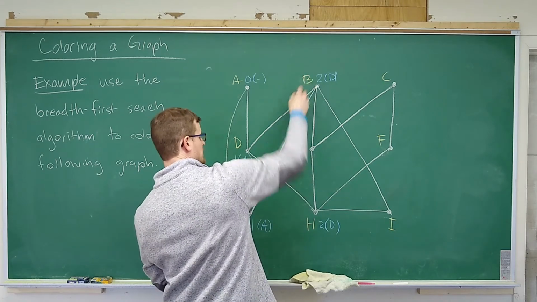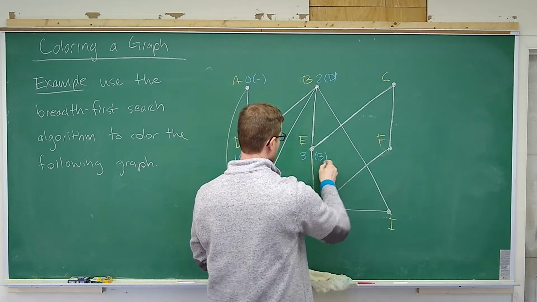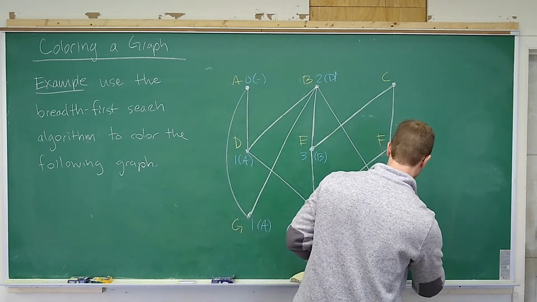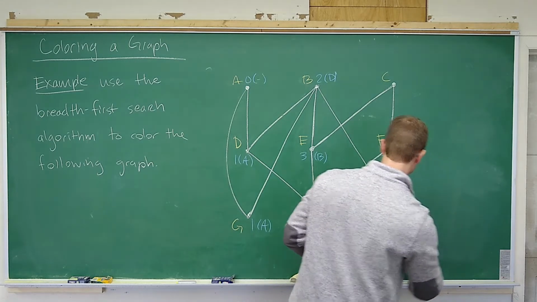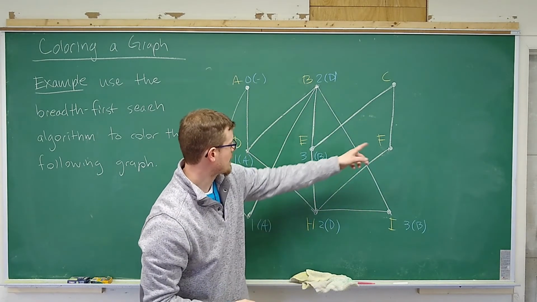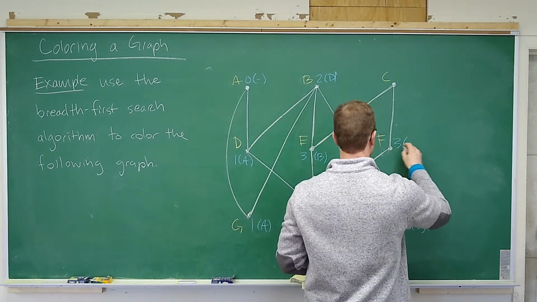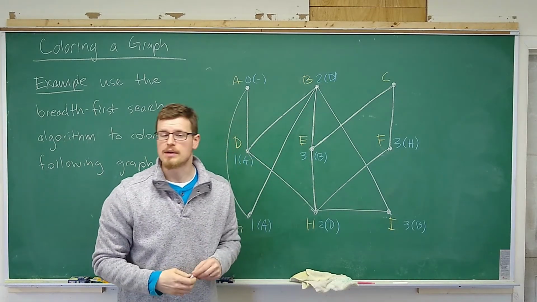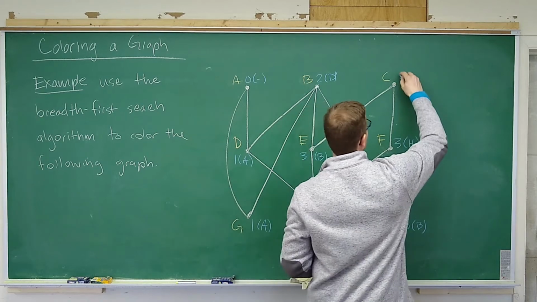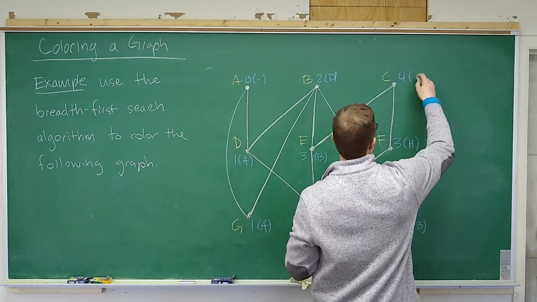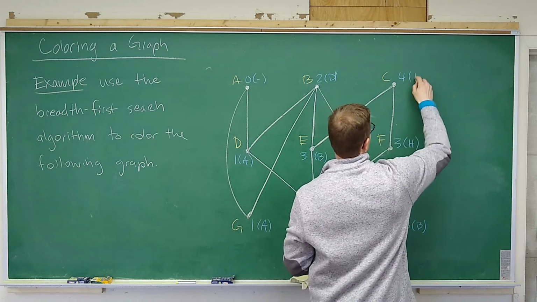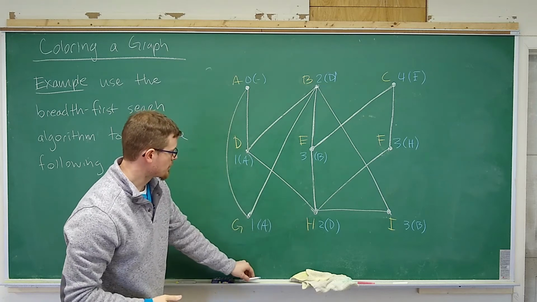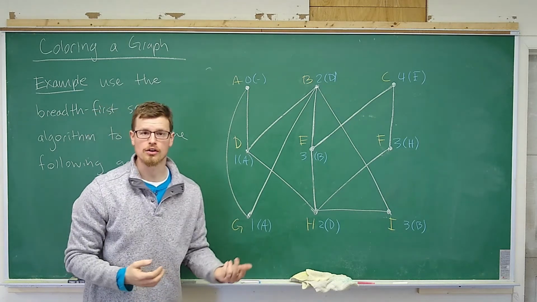And that is adjacent to both B and H. B, of course, comes before H. I is also adjacent to both B and H, so it is a distance of 3 with predecessor B. And we have F, a distance of 3 with predecessor H. And then the last vertex that we have to label has a distance of 4 from A with predecessor, let's see, E or F. That would be predecessor E. Excellent.